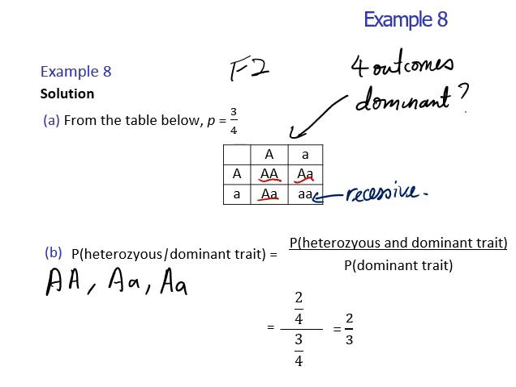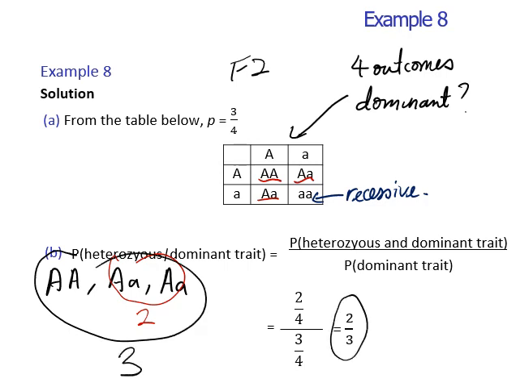What you see is you have 2 out of the total of 3. Isn't that what you get here? So heterozygous and dominant, you look at the diagram here, heterozygous and dominant is essentially this. Correct? Dominant trait is 3 of them. That gives you an answer.